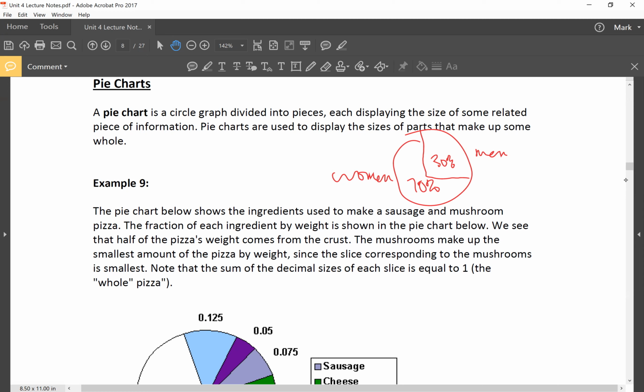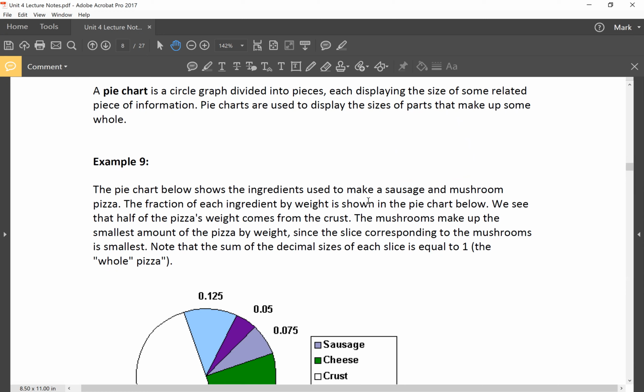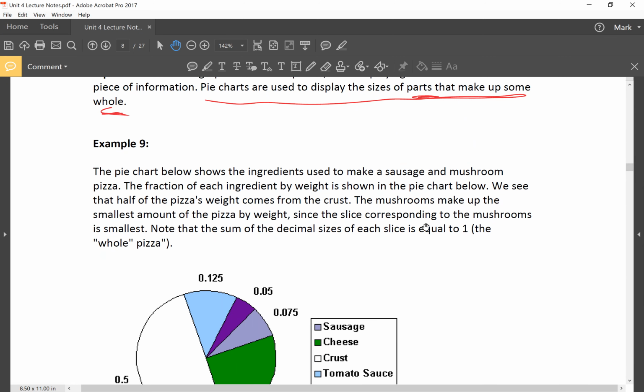They're very good for showing certain types of information, like the relationship of men versus women, or another example, the population of Qatar and where they're from. You could have people from Europe, people from Asia, people from North America, and put that on the chart. The key is it displays sizes of parts that make up some whole or entire piece.